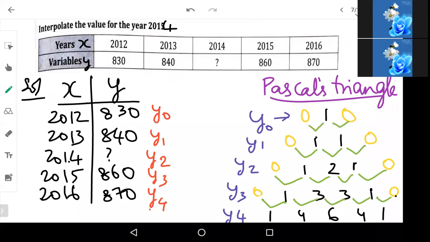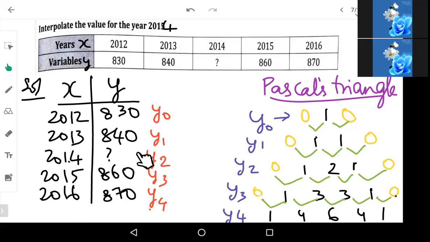Let us revise until here. First, they had given us the number of years of data along with the variables. If you see the variables, one of the variables is missing for 2014. The same data will be represented in tabular format in the solution.